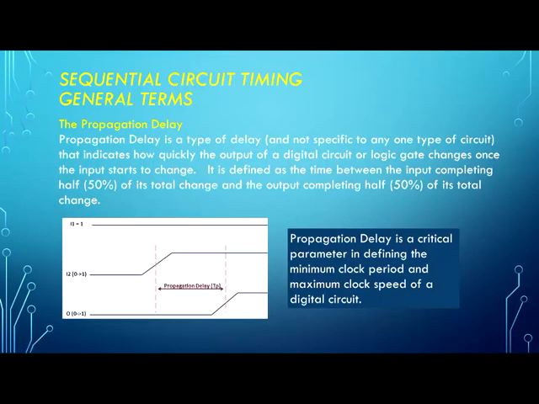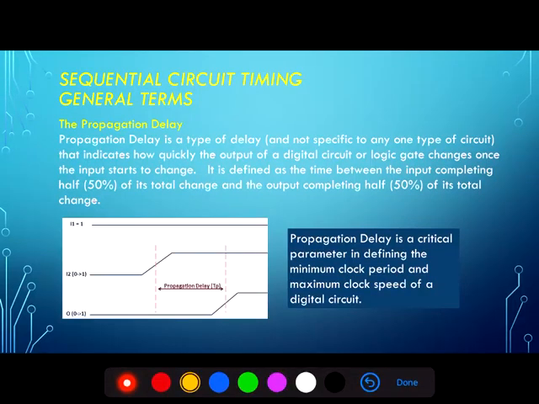First, the propagation delay is a type of delay that indicates how quickly the output of a digital circuit, or any circuit for that matter, responds to a change in the input. The propagation delay is defined as the amount of time between the time the input travels half of its range to the time that the output travels half of its range.